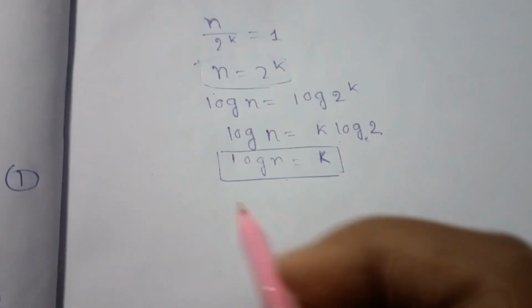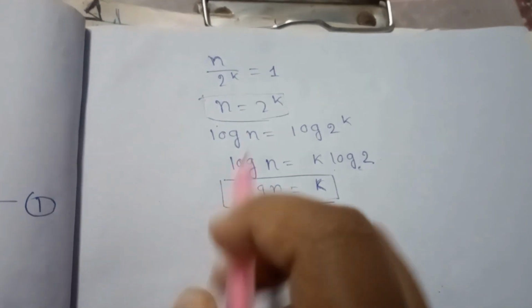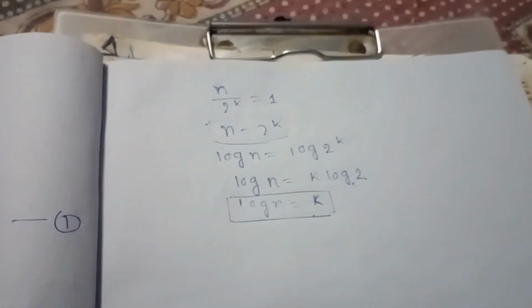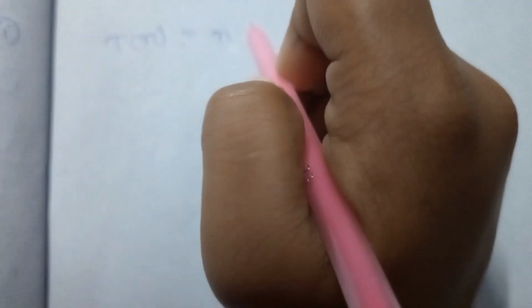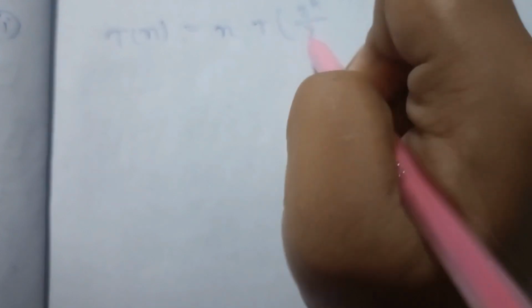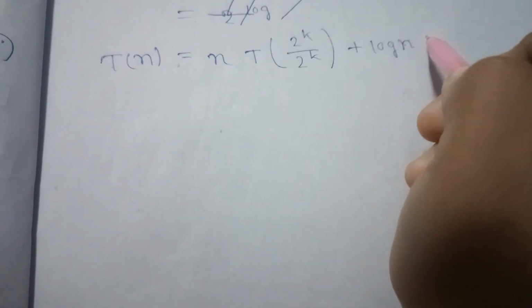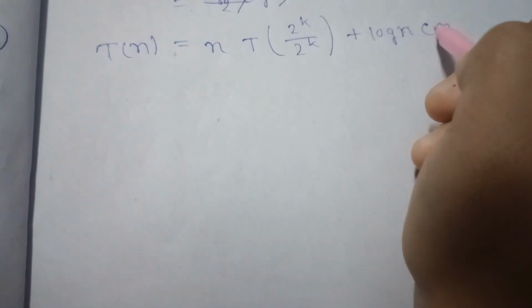So putting the values of n and k in equation number 3, we get T(n) is equal to 2 to the power k, which means n, times T(2 to the power k by 2 to the power k) plus log n Cn.